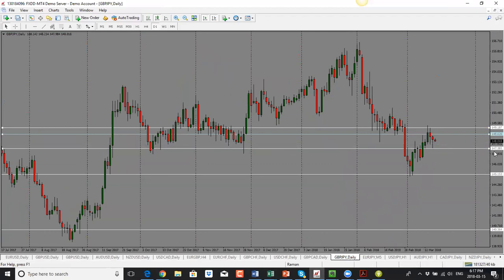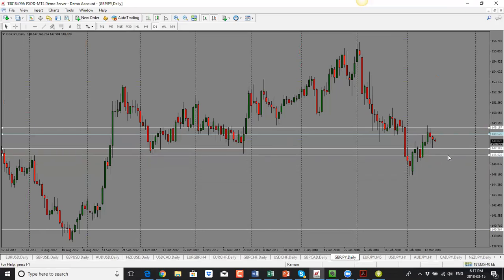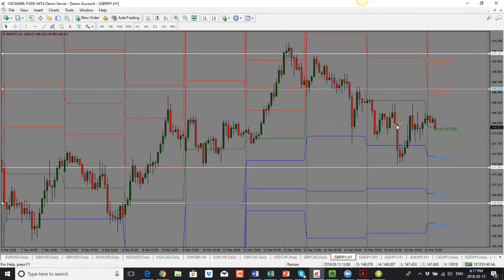First target would be a 147.38 level or 147.40 level, which is the bottom here. And then if the momentum continues, we could see a move into the 146.80 level. So that will be the next level to the downside, but basically the bias is to the downside here.